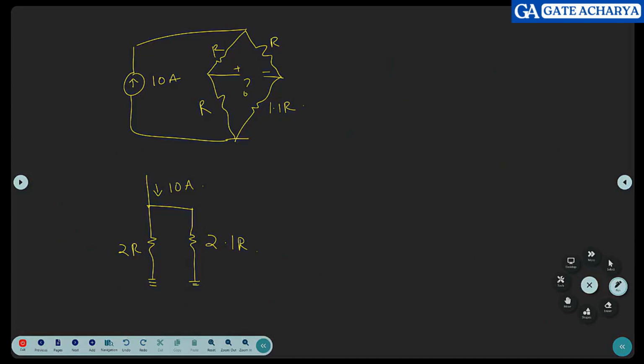Current means current gets divided when there are branches. There is a junction, current divides, but voltage remains the same. We said that 10 volts will be there across these two junctions, but when it comes here, current is going to divide.